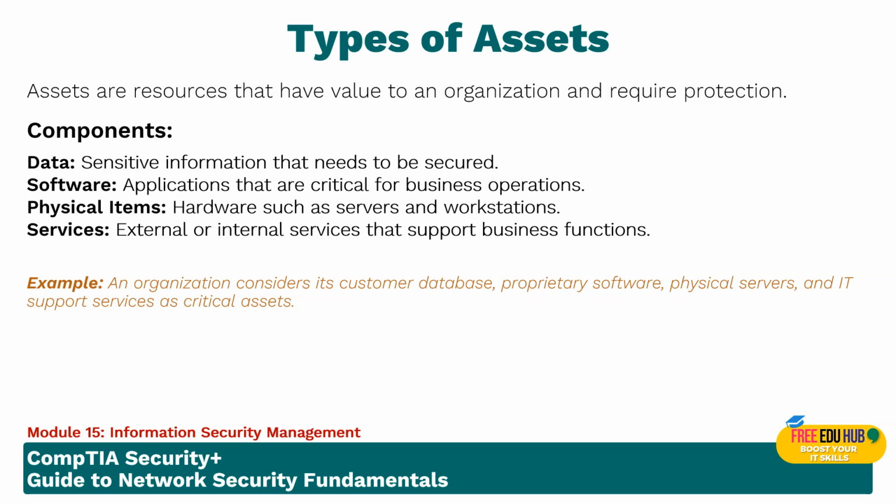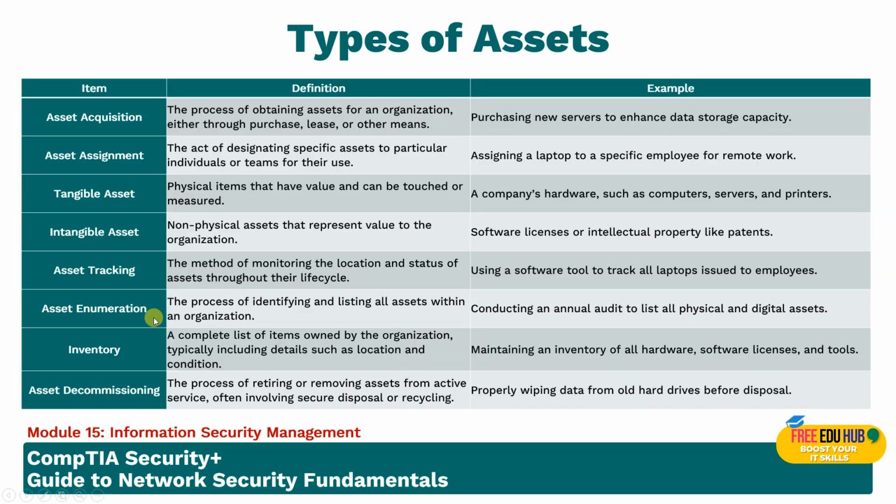Managing these assets involves not just tracking and inventory, but also overseeing the entire life cycle from acquisition to decommissioning, ensuring that at every stage the asset's integrity and security is maintained. An example could be an organization considering its customer database, proprietary software, physical servers, and IT support services as critical assets to be handled properly.